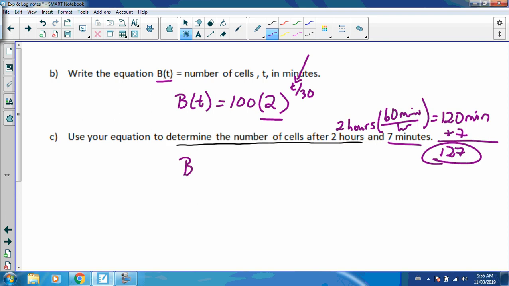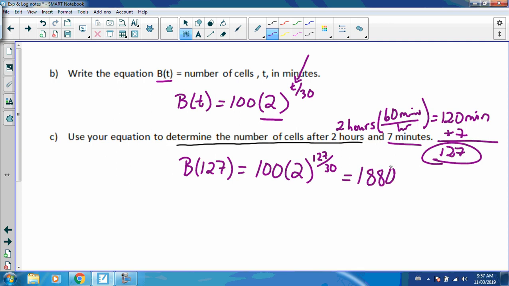So how many bacteria do we have when T is 127? Well, let's see. 100 times 2 to the power 127 over 30. And I would just pop that into my calculator and see what I get. And the answer is 1,880.